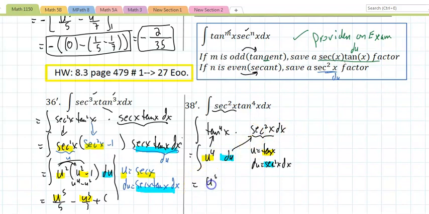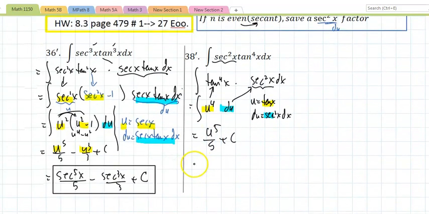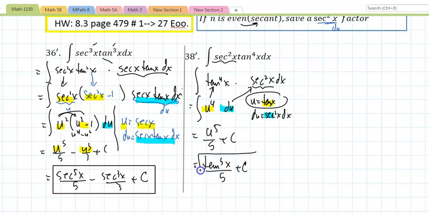So this is u to the fifth over 5 plus c, and that's really the tangent to the fifth of x over 5 plus c. And this rule is really straightforward and simple. There's not much to it. Let me get the next problem.